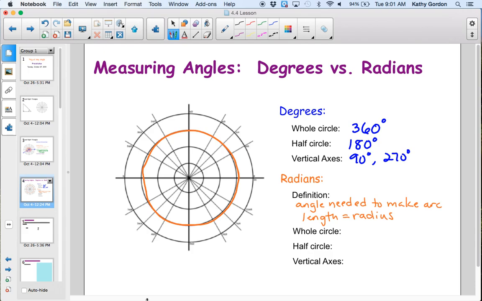Like I could have done this for this circle in here, and it still would have been the same. So if I had taken that distance now as my radius, and then laid that on my circle, the angle would still be the same amount.